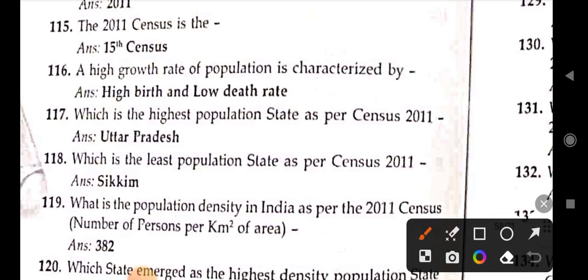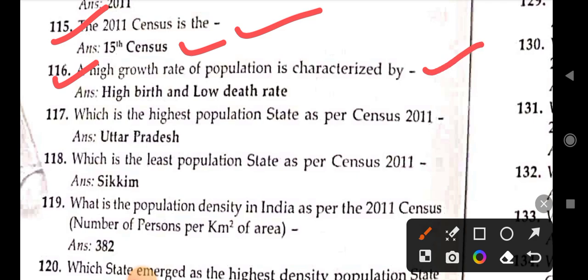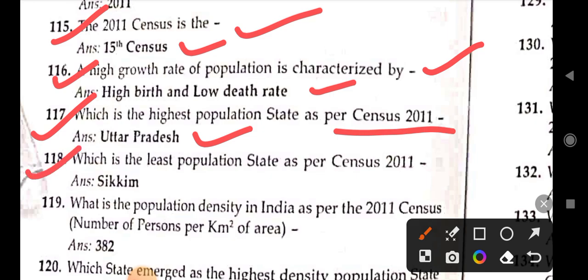Next, the 2011 census is the 15th census. The high growth rate of population is characterized by high birth and low death rate. Which is the highest population state in census 2011? Uttar Pradesh. Which is the least population state as per census 2011? Sikkim.